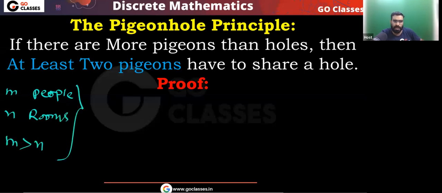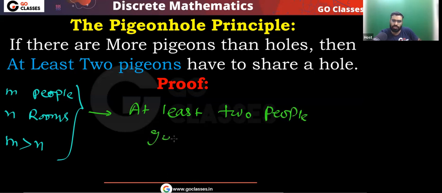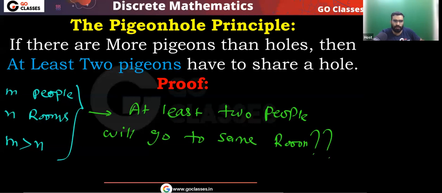Now in this situation, how can you stop this from happening? We are saying that at least one room will have more than one person, that at least two people will go to the same room.